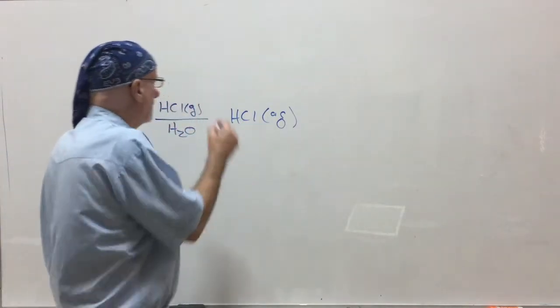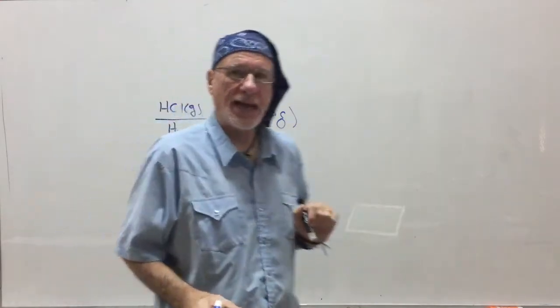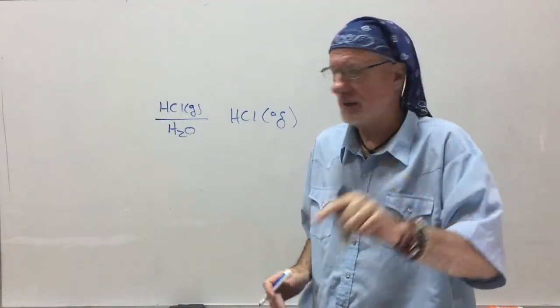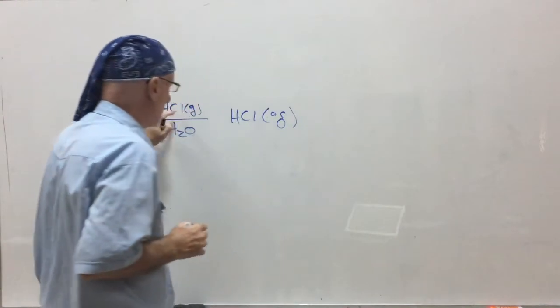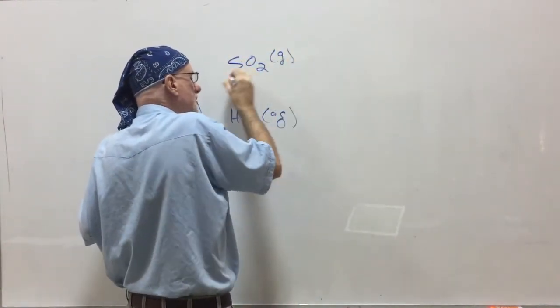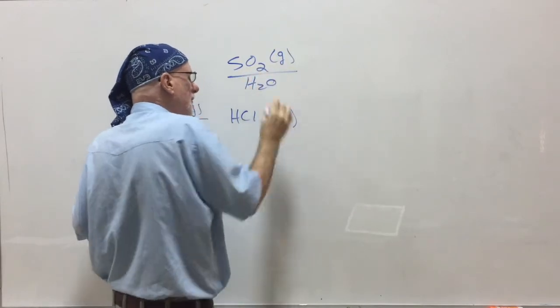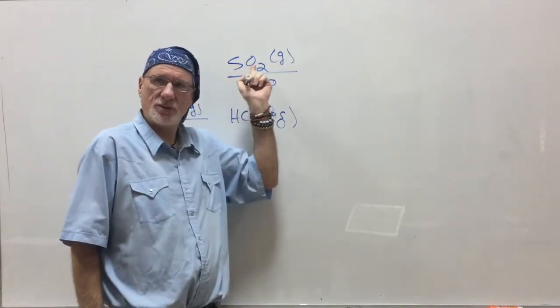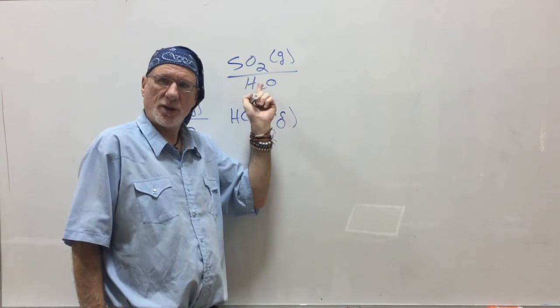Acid rain. One of the major gases in acid rain is another gas. Sulfur dioxide is the solute, and the solvent is water.